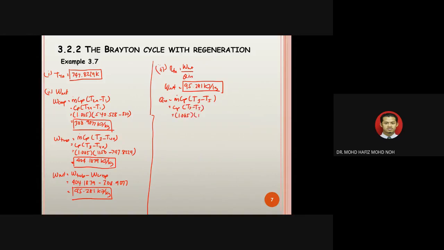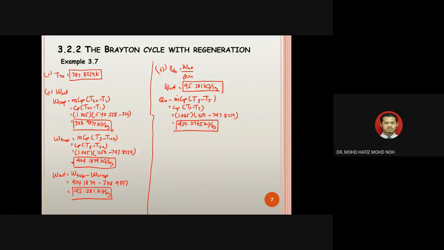So T3 is 1150 minus T5. T5 is equal to T4 actual, 747.8229. So from here you will get the value of Q in, which is 450.0745 kilojoule per kg. Okay, right.